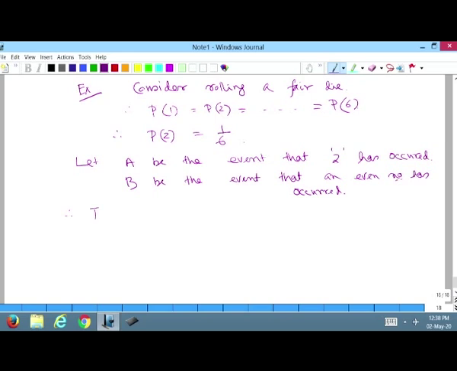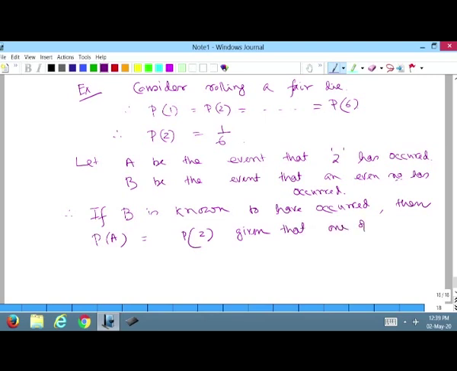Therefore, if B is known to have occurred, then the probability of A is equal to the probability of 2 given that one of 2, 4 or 6 has occurred.